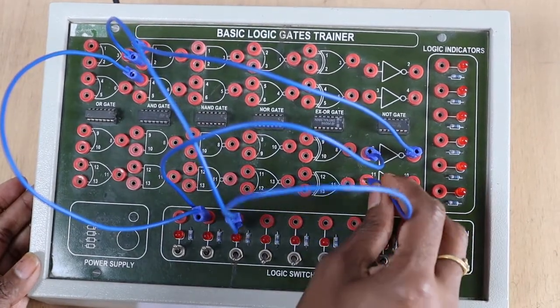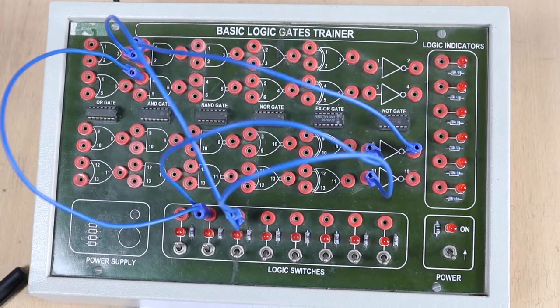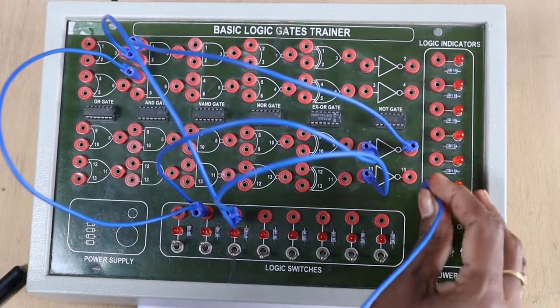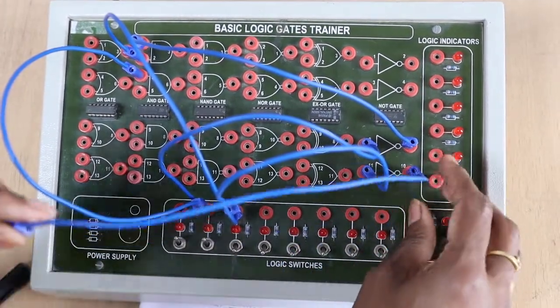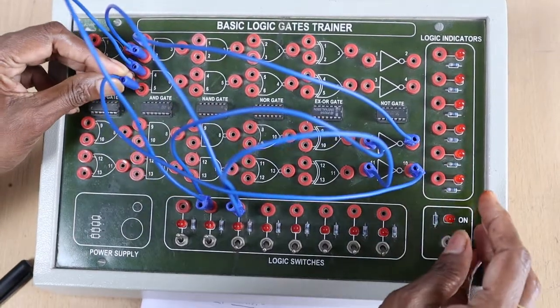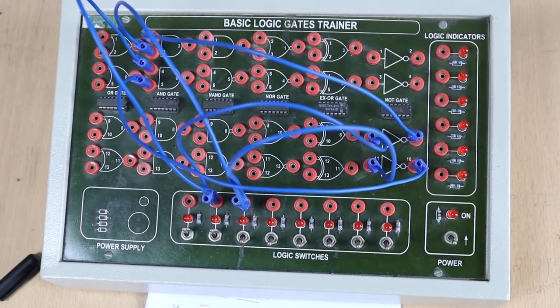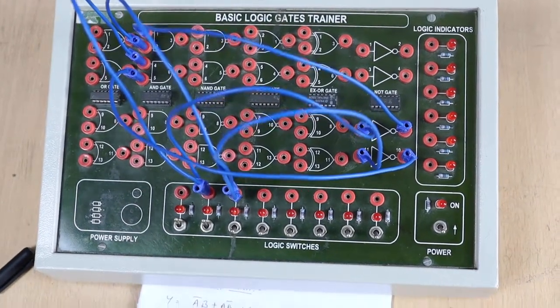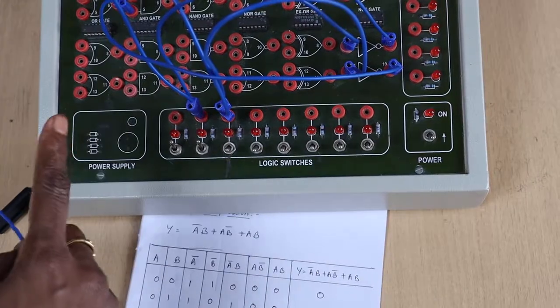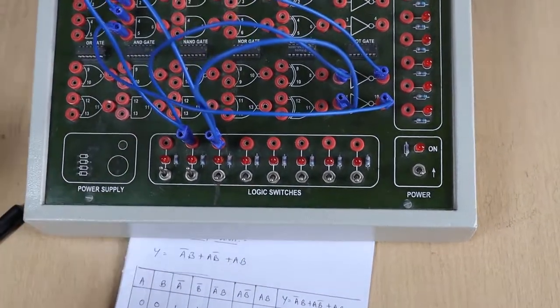This is the inverter. Output of the inverter is given as the input to the second AND gate. For third min term A and B, directly we can connect this A and B to the third AND gate.